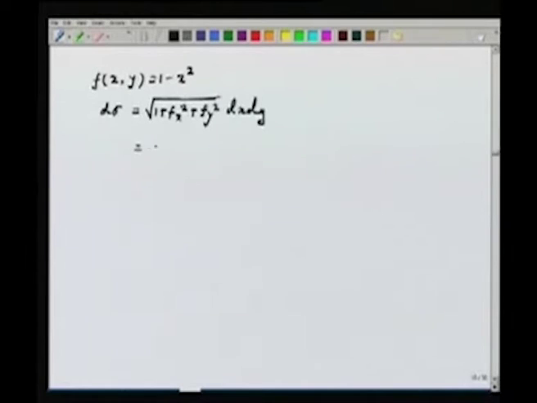Now this is easy to calculate. It is square root of 1 plus fy, which is anyway 0 because the function has no y in it, it is independent of y. So it is only fx square, but fx is minus 2x, so the square is 4x square, dx dy.